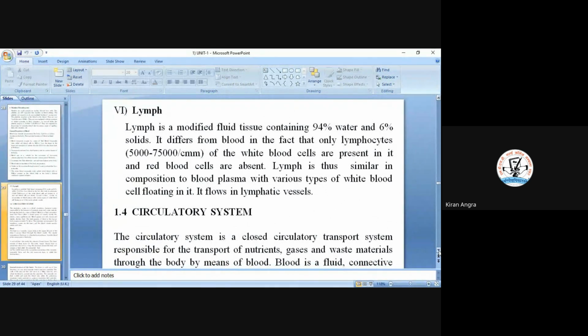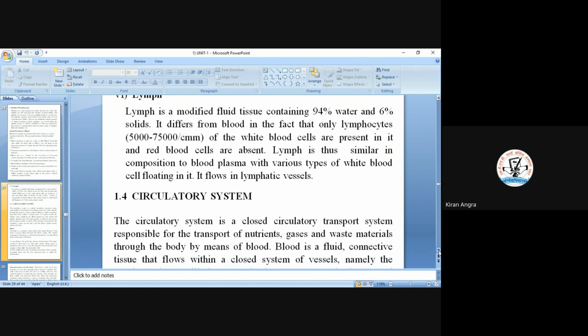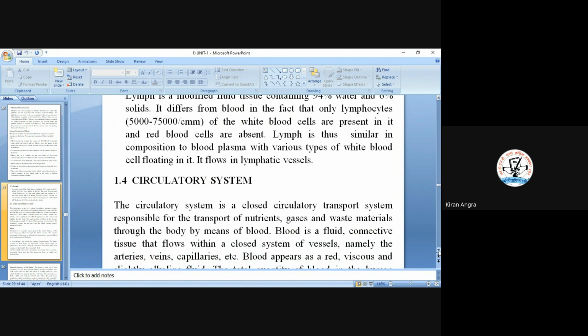It differs from blood in that only white blood cells are present in it, the lymphocytes, 5,000 to 75,000 per cubic millimeter, and red blood cells are absent in lymph. Lymph is similar in composition to blood plasma, with various types of white blood cells floating in it. There is another parallel system called the lymphatic system. In the lymphatic vessels, the lymph flows.